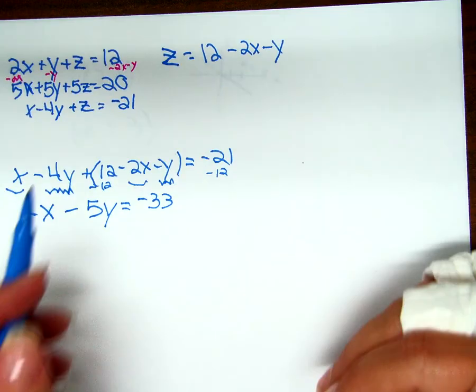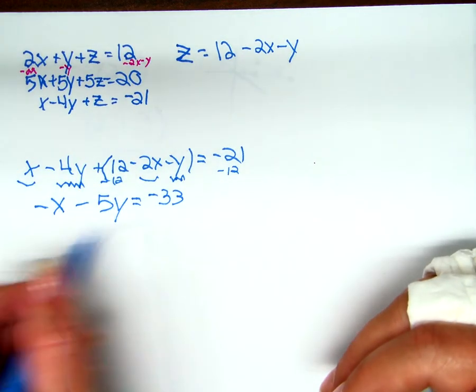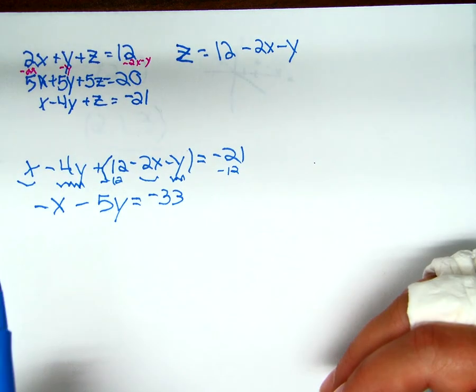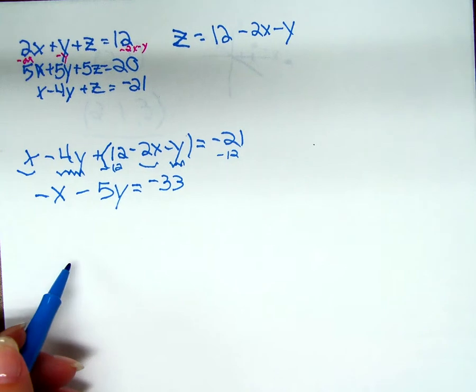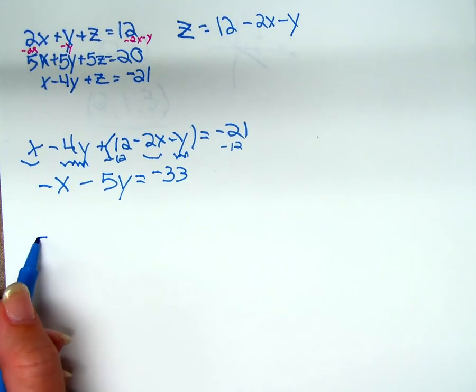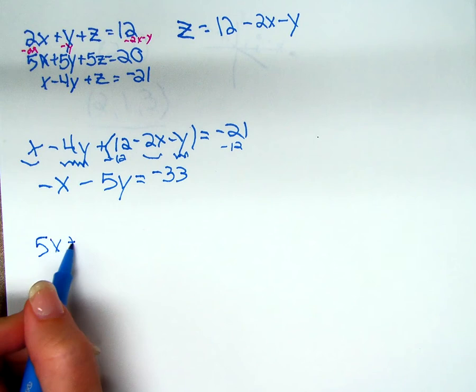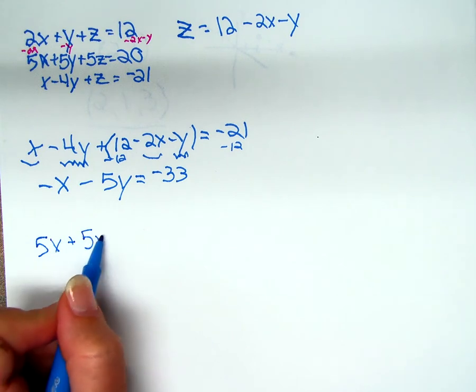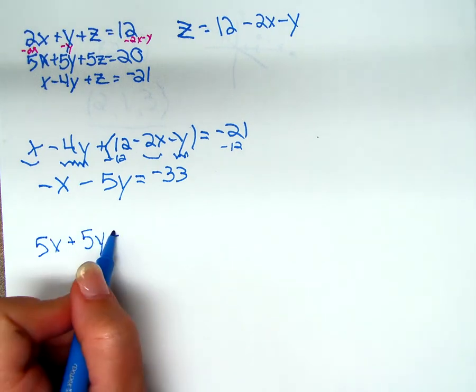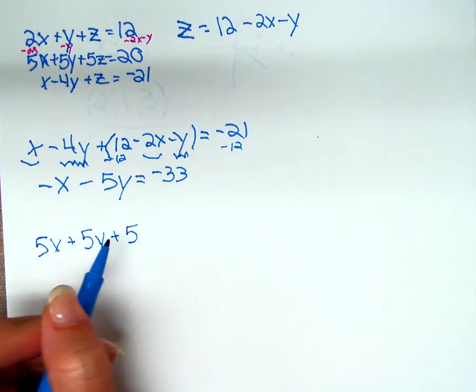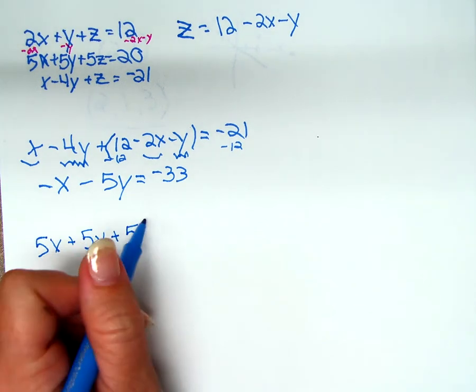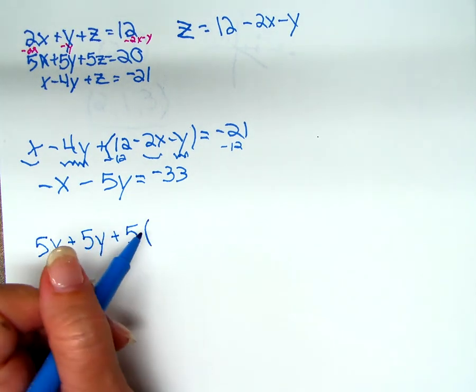So I'm going to do just what I did before. I'm ignoring this work for a second, doing just what I did before, except this time with the middle equation. Saying 5x plus 5y plus 5 times. Now this time are the parentheses important? Yes, because I have that multiplier there, right? The 5.